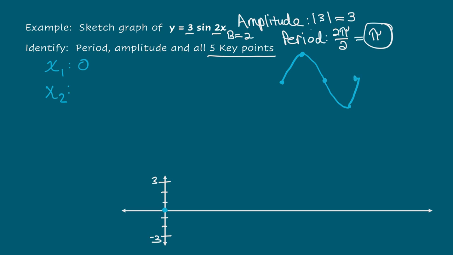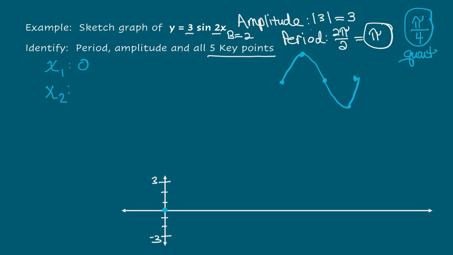So what you have happening here is you have 1, 2, 3, 4 places that you need to mark off. So I need to add a quarter period. So in my case, I have pi over 4 is a quarter period. So here is a quarter period.